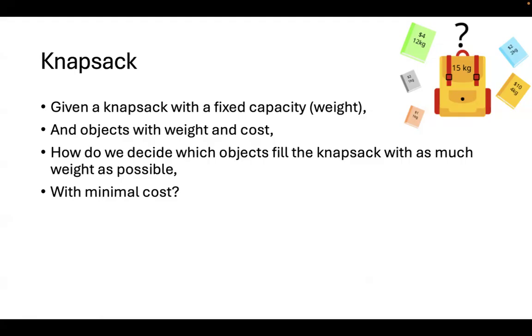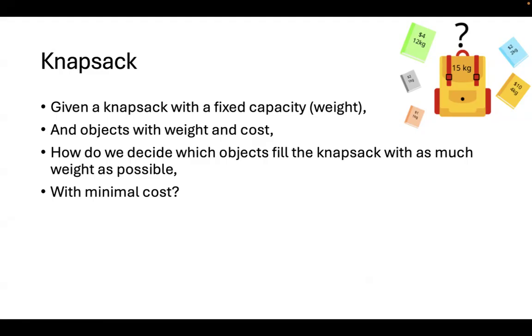And we have some objects that we want to transport that have some weight and a cost or a value. How do we decide which objects to fill that knapsack with as much weight as possible? So getting as close to the weight limit as we can, but not going over, and with minimal cost, or depending on how we phrase it, with maximal cost. It depends on the problem phrasing.